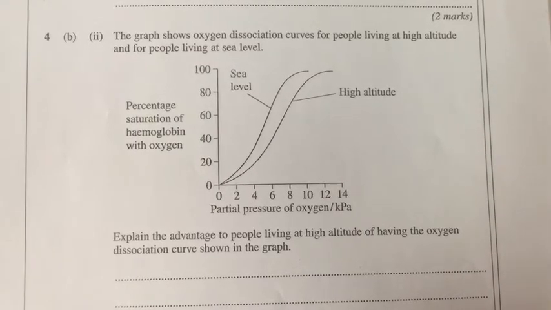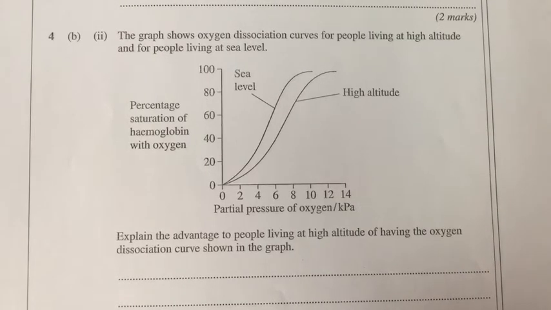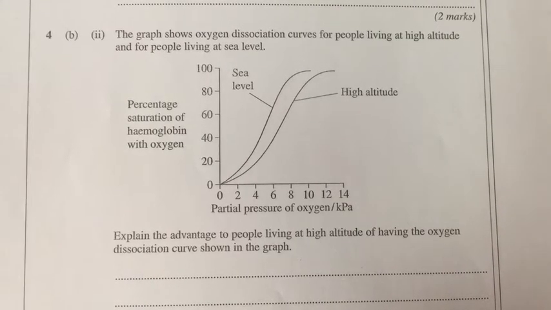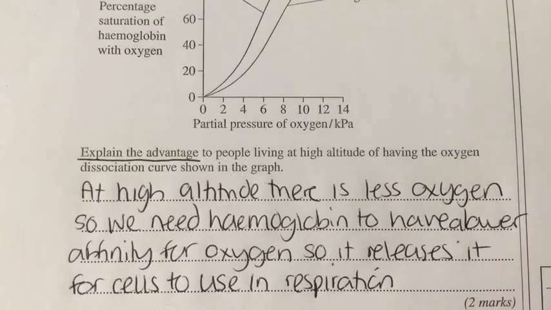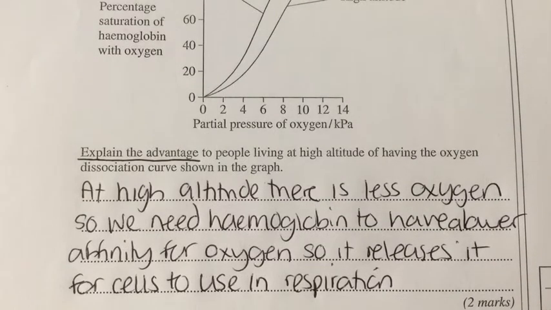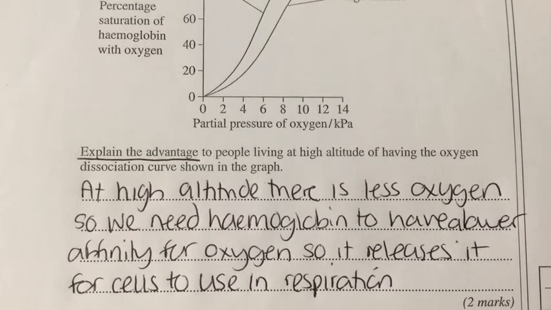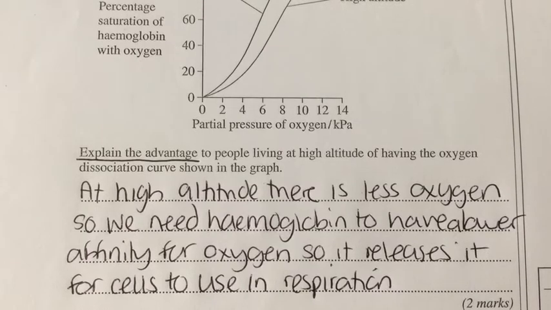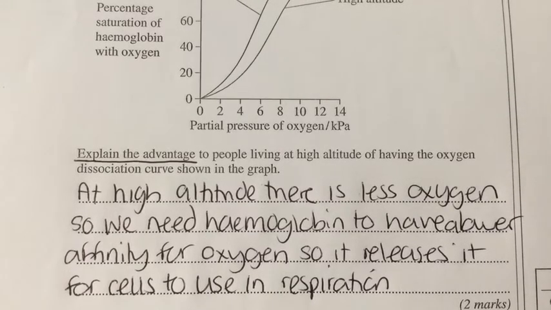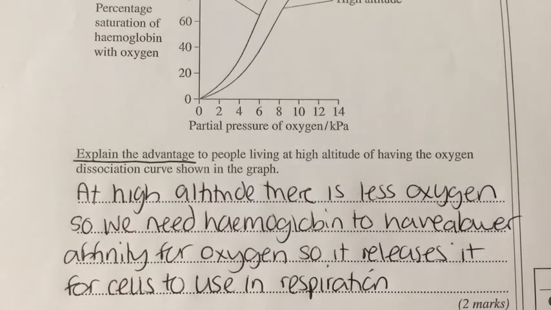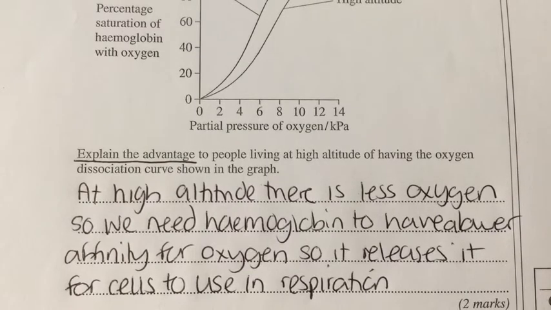So if it's got a lower affinity for it, it's more likely to be dropping it off, the oxygen that is, and that's exactly what we want. We want the haemoglobin to be dropping off oxygen more easily at a lower partial pressure of oxygen, so that there's more oxygen available for respiring cells.